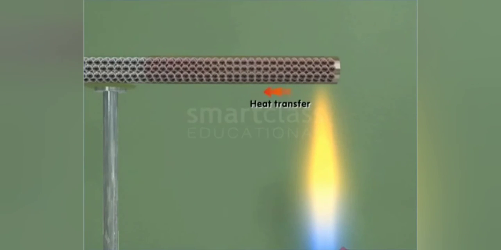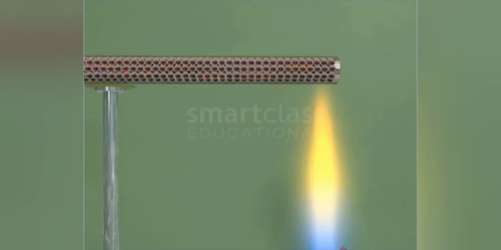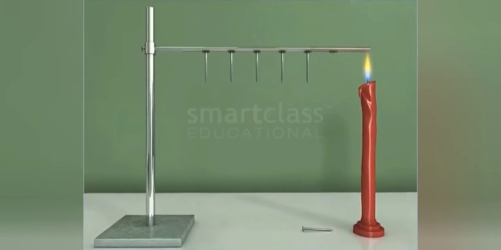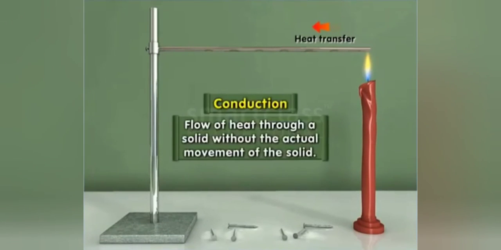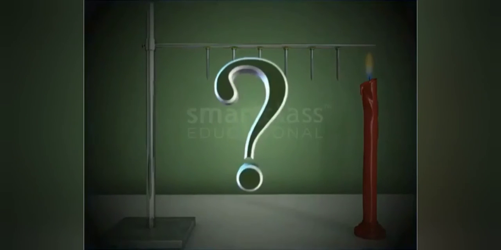During conduction in a solid, heat is transferred along the body of the solid from one particle to another without the movement of the particles. Hence, conduction is defined as the flow of heat through a solid without the actual movement of the solid. Do all substances conduct heat the same way?